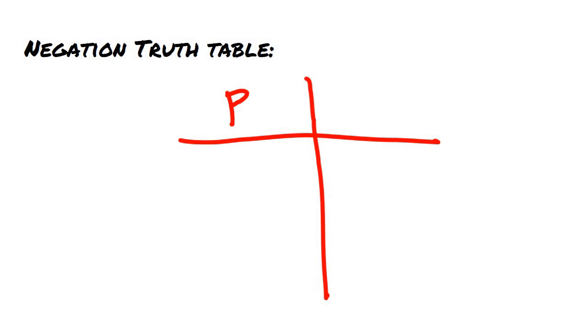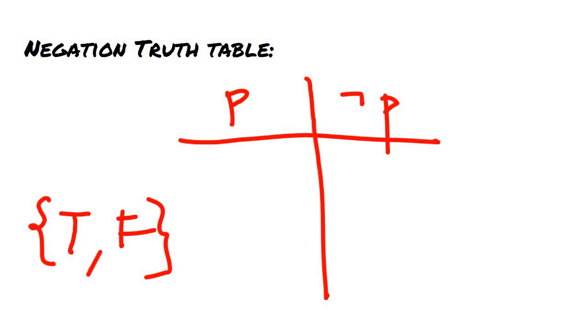Next, we have the truth table. Say, I have a proposition P and the negation of P. Since the proposition has only two values, which is either true or otherwise false, then in a proposition P, to enumerate the values, say you have true, and then this is false.